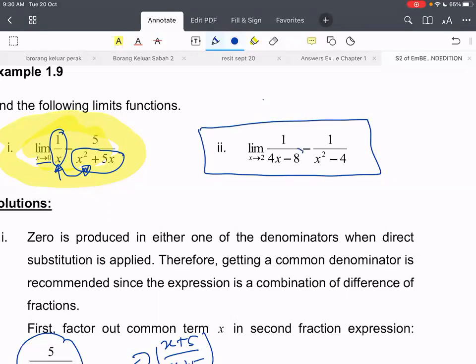So in this example, you need to factorize the denominator of the first term, and you also need to factorize the second denominator here. Okay, so try to solve it.